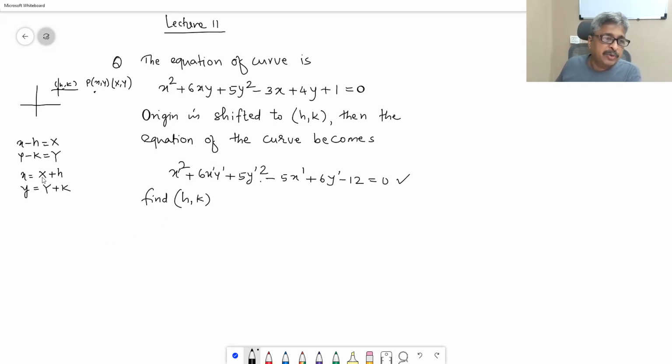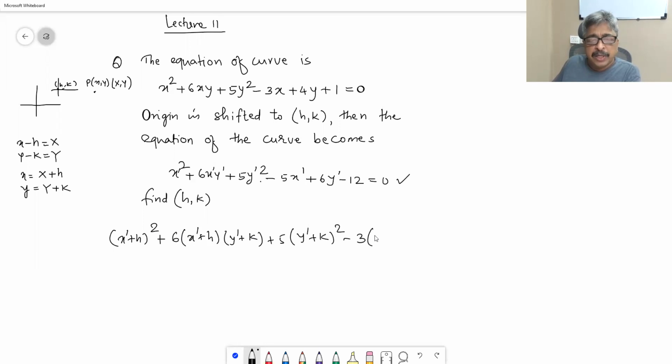So x is equal to capital X plus h. Capital X is x dash, therefore x dash plus h bracket square plus 6 x dash plus h into y dash plus k plus 5 y dash plus k bracket square minus 3 x dash plus h plus 4 y dash plus k plus 1 is equal to 0.